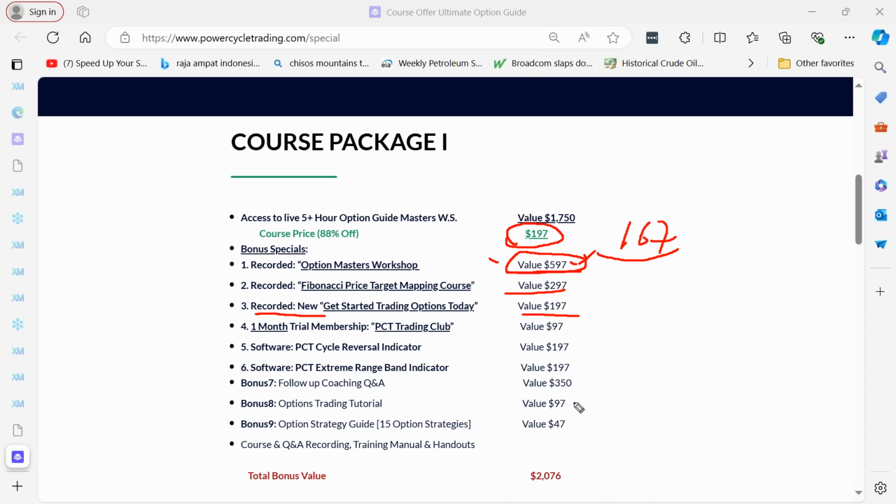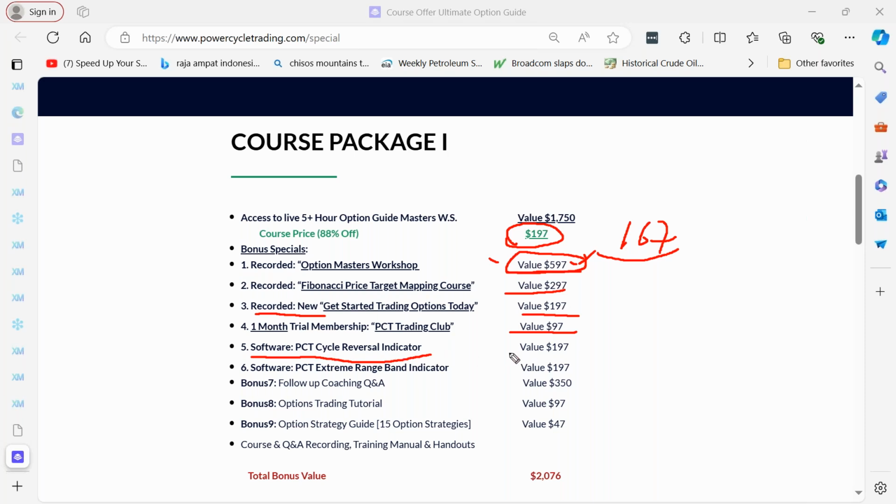These are all priced on my website. And then you're going to get a 30-day trial membership to my trading club. If you continue on, which hopefully you will, it'll be $97 a month, or we have other programs you can get into. And then these are two really important indicators that I use for all my trades, so I want you to have these as bonuses for the course.